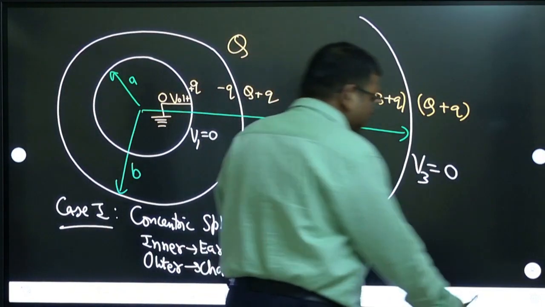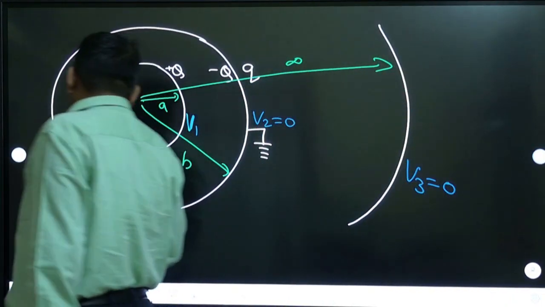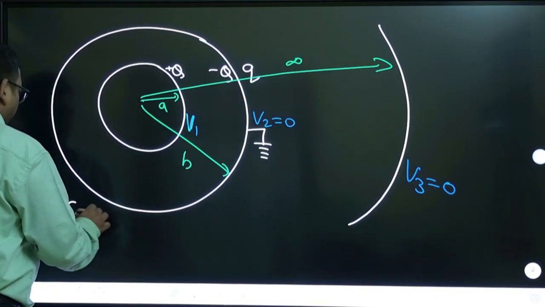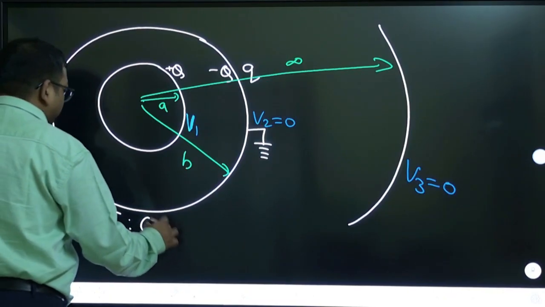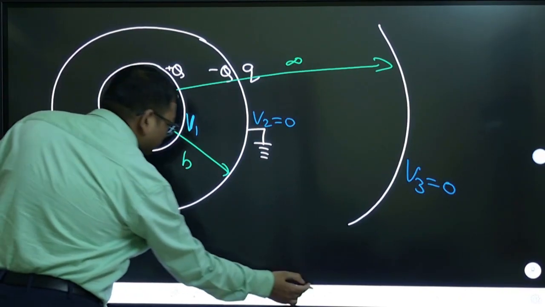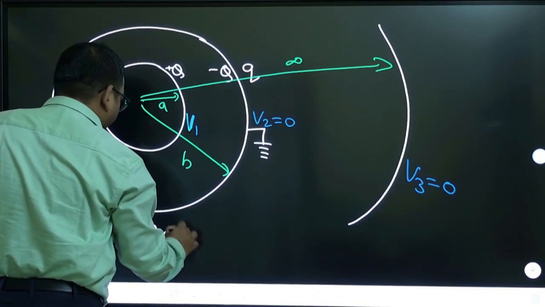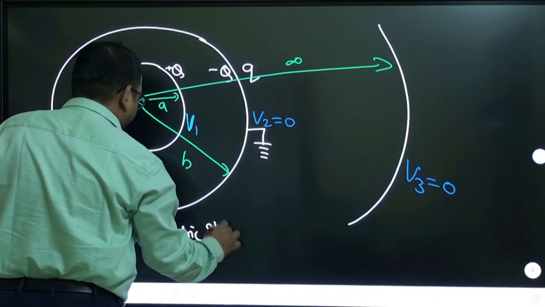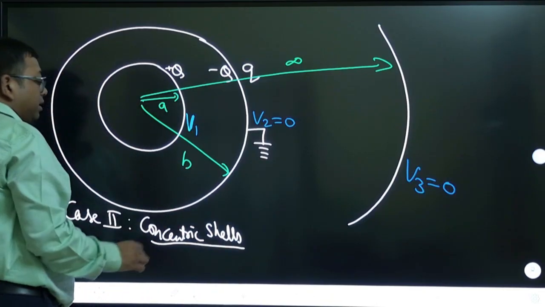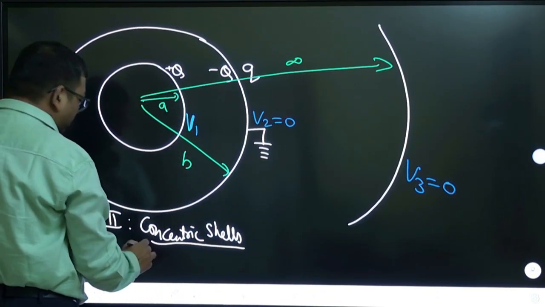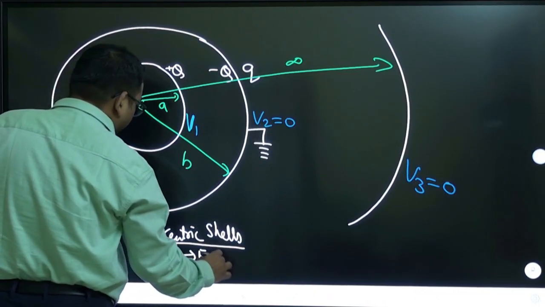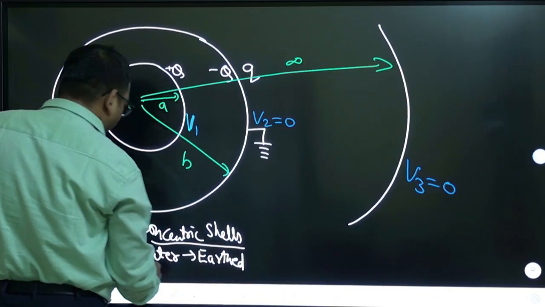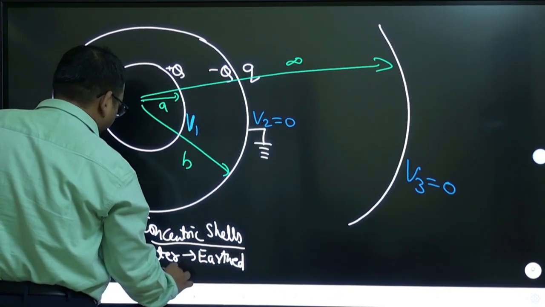And second case, case 2, this is also concentric cells, right? In these concentric cells, outer one is earth, and inner one is charged.